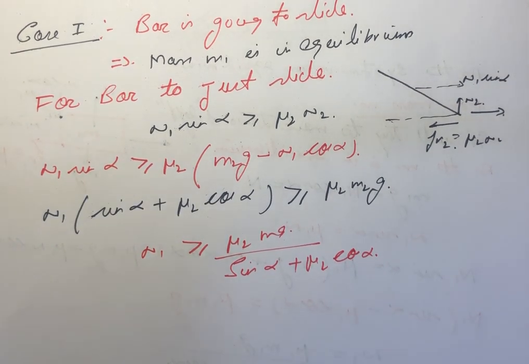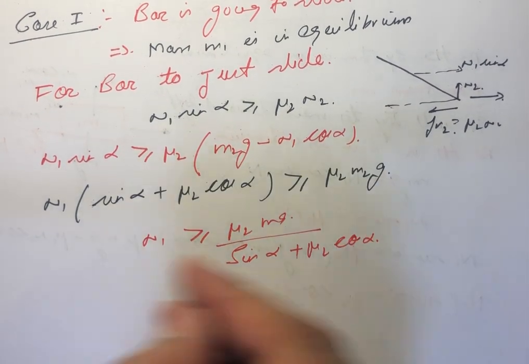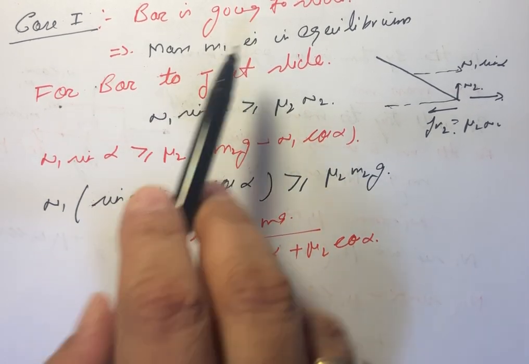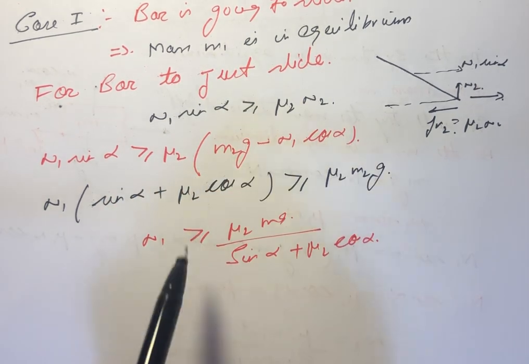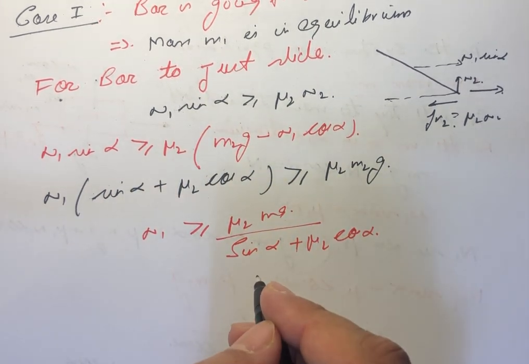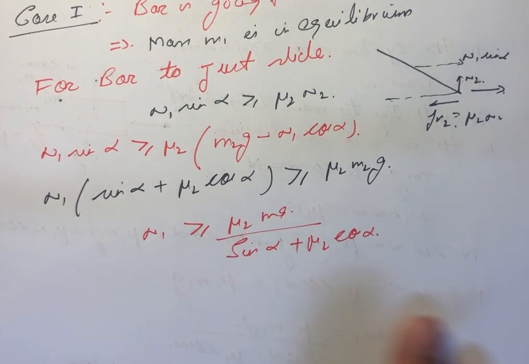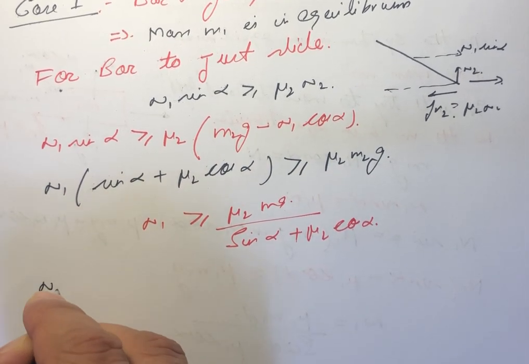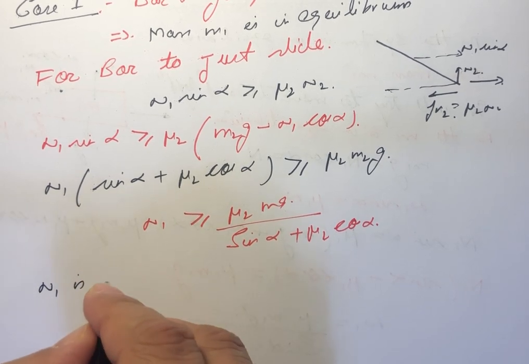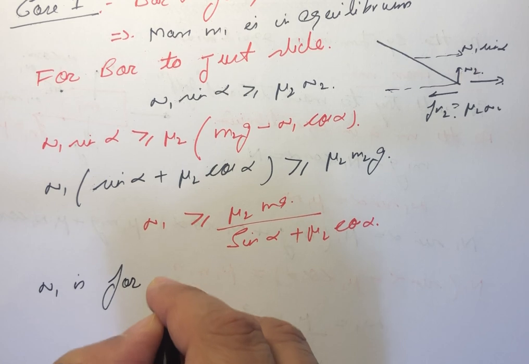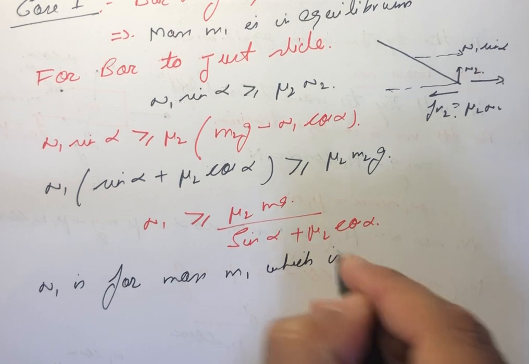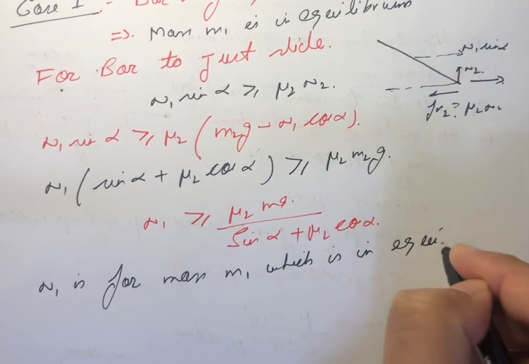Now here we can substitute the value of n1, and the value of n1 we are going to take is for mass m1 in equilibrium. So we can just put the value of n1, and that is equal to mu1 m1 g divided by (sin alpha minus mu1 cos alpha).